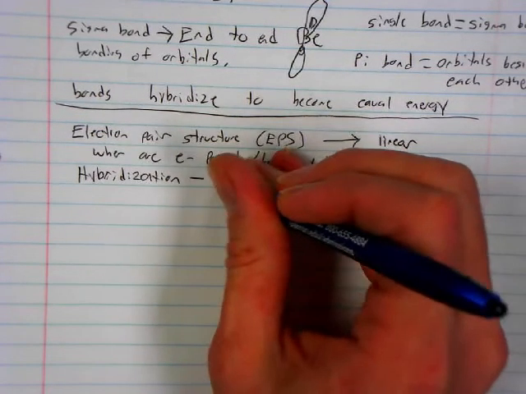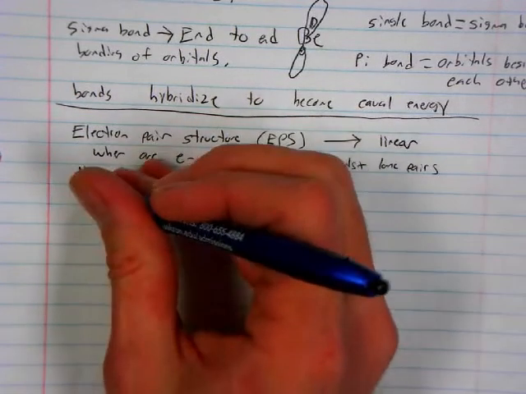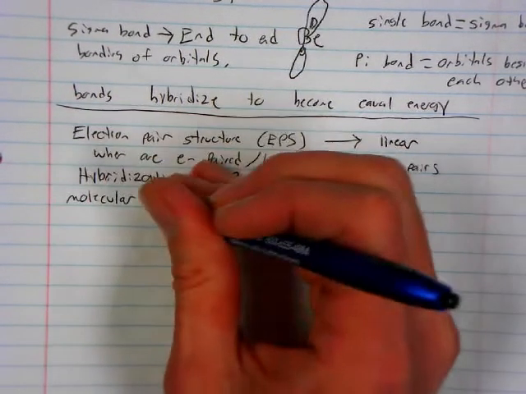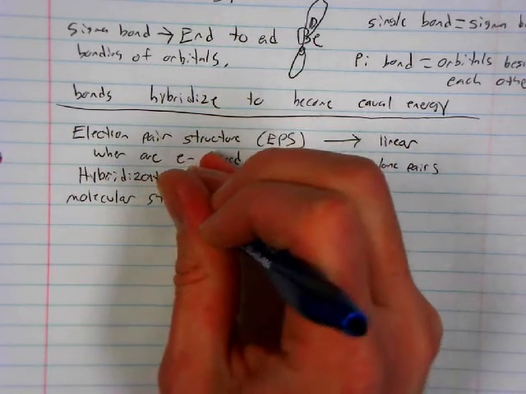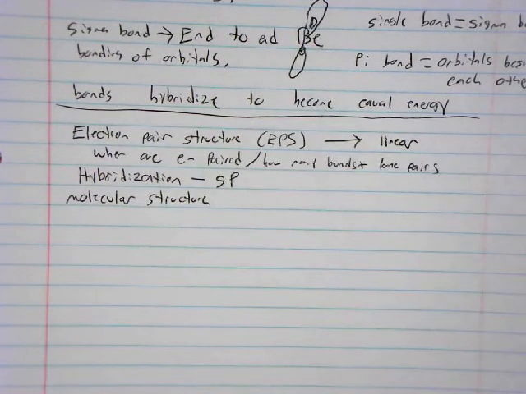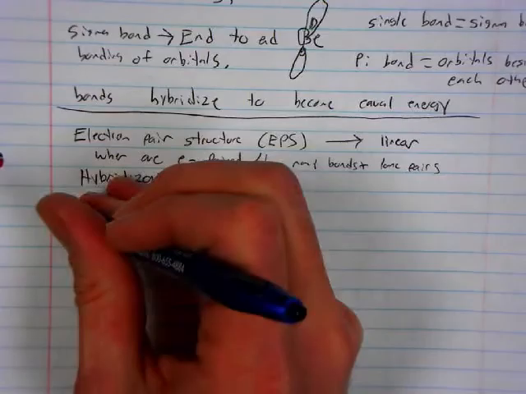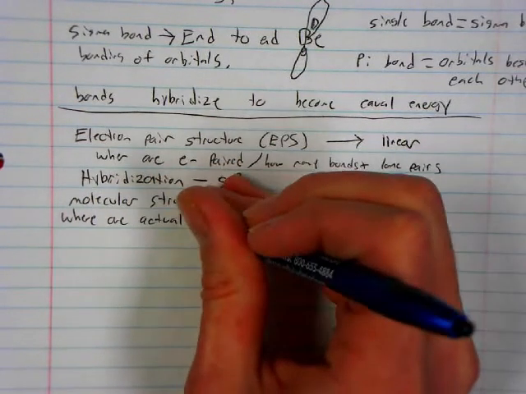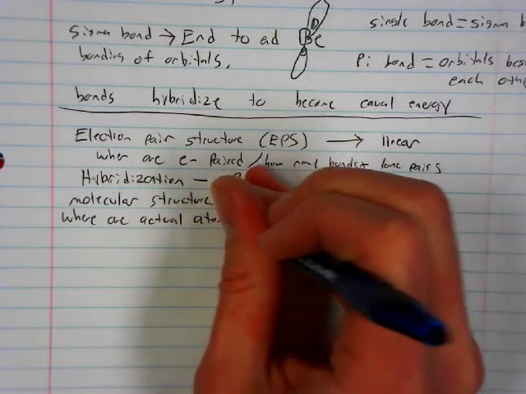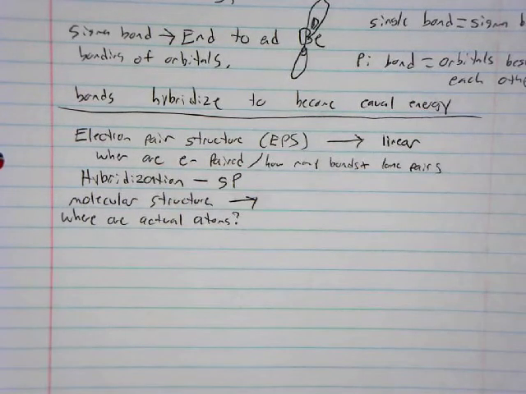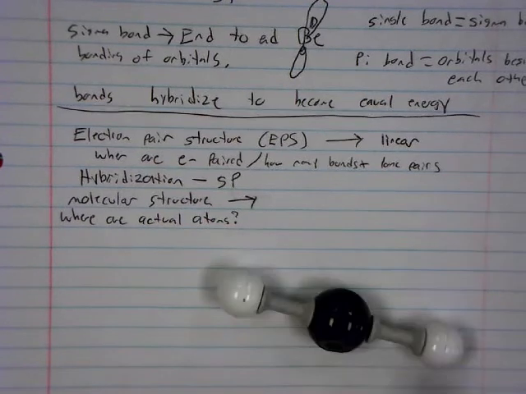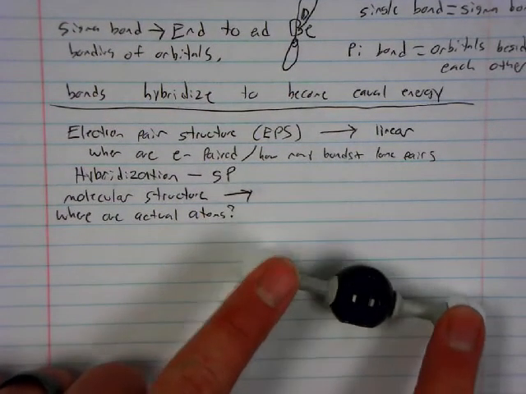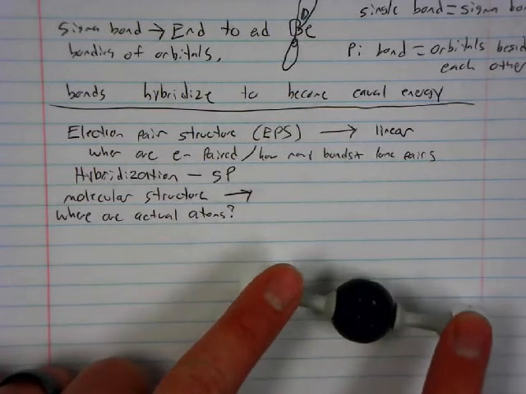We just said this, but hybridization for this is SP. Now, my molecular structure is different than my electron pair structure. My molecular structure is where are actual atoms.